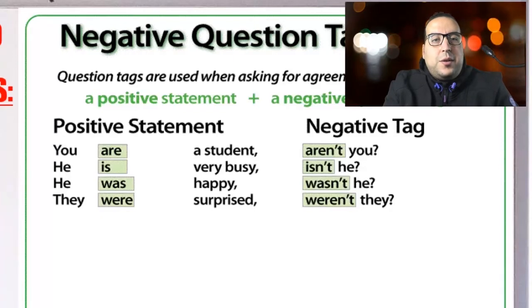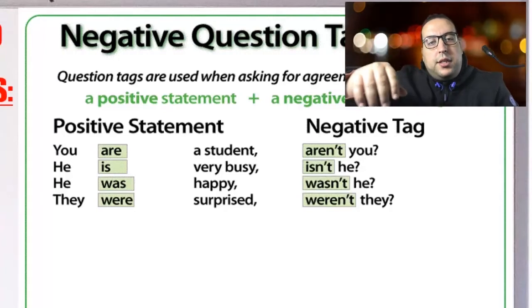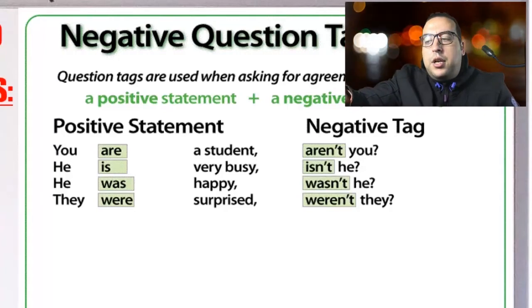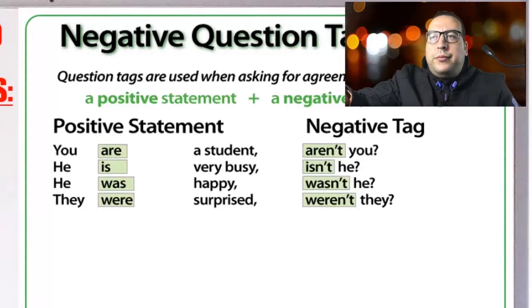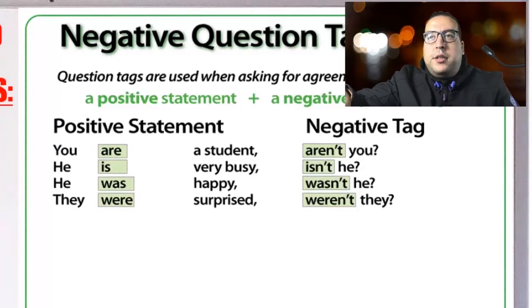Actually, we say it when we want to make confirmation or agreement about an idea or a given statement. He is very busy, isn't he? So we know from this that he is very busy.